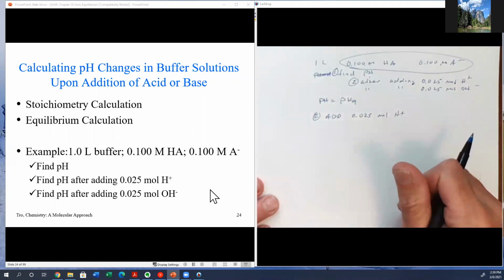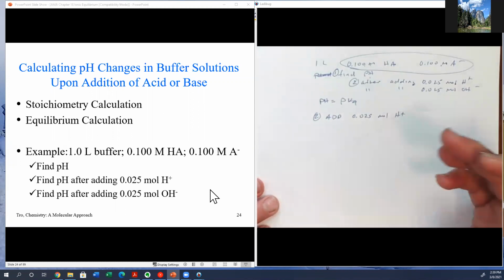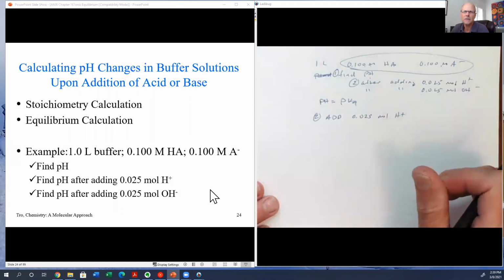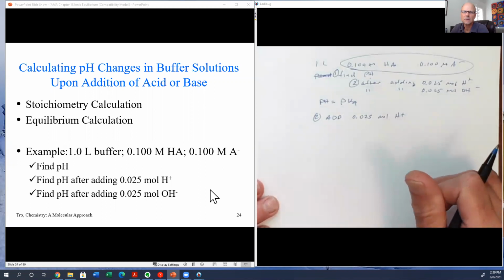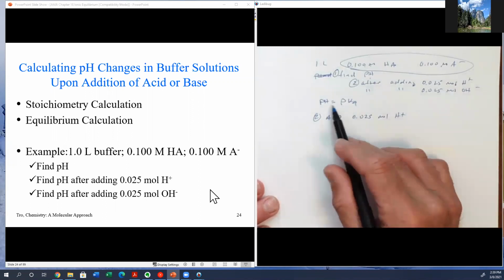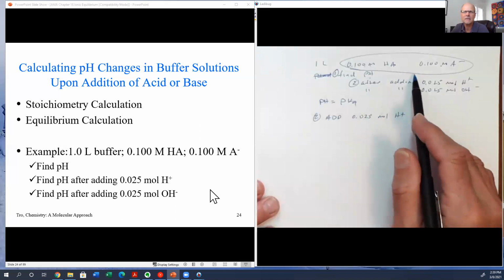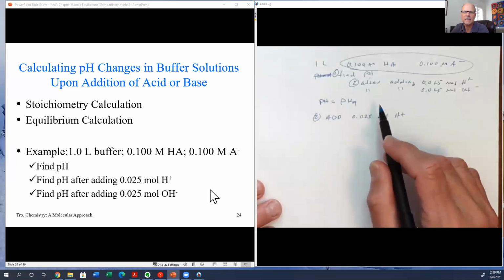If it doesn't state the pKa, do we just say it's equal to pKa? We would see that from a graph or something like that? Yeah, you'd have to know pKa to actually find a value, but I'm just showing you a generic problem here. So whatever pKa is, pH would just equal that for this generic buffer. Does that make sense? But yes, you'd have to be given pKa to get an exact value.